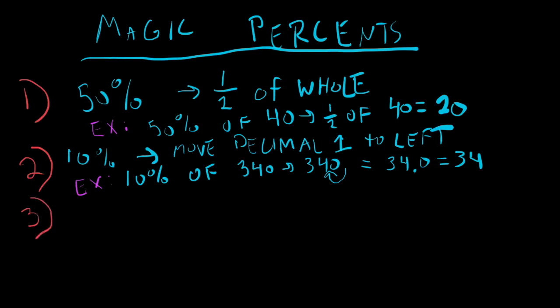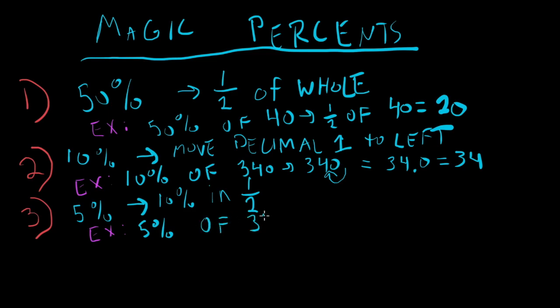Our third magic percent is going to be 5%. And it's sort of interrelated to what we just did, because you take 10% of a number and then cut it in half. So if we build on the example we just did, we can quickly find what 5% of 340 is.